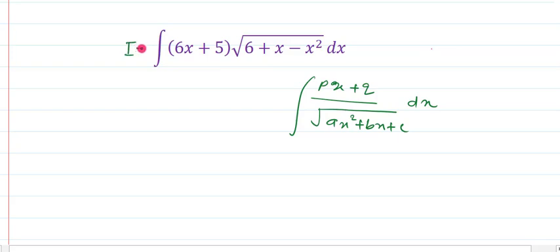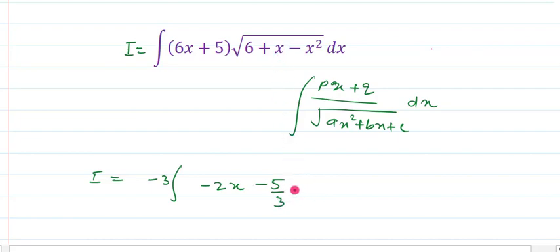Let us name it as I. So I is equal to, clearly the derivative of this term is minus 2x plus 1. So we need to create minus 2x plus 1 over here. To do that, let us take minus 3 common from this 6, so that it becomes minus 2x, and here we are left with minus 5 upon 3. Again we need plus 1.